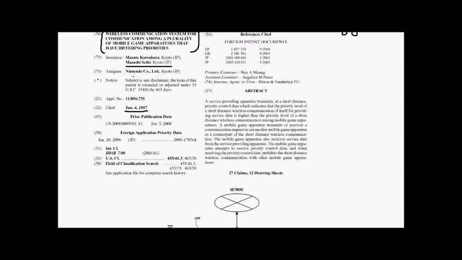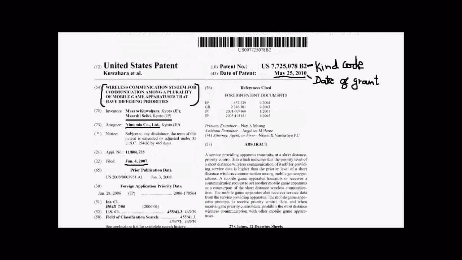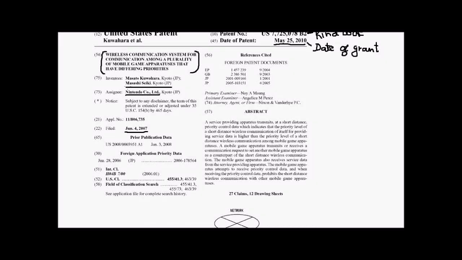Now we have an assignee. So an assignee is an organization or the body which has filed the patent. Remember that in US, inventors only file the patent and later assign it to assignee. So when you file a patent, you do not have an assignee associated with it, but later inventors assign their rights of invention to the assignee.